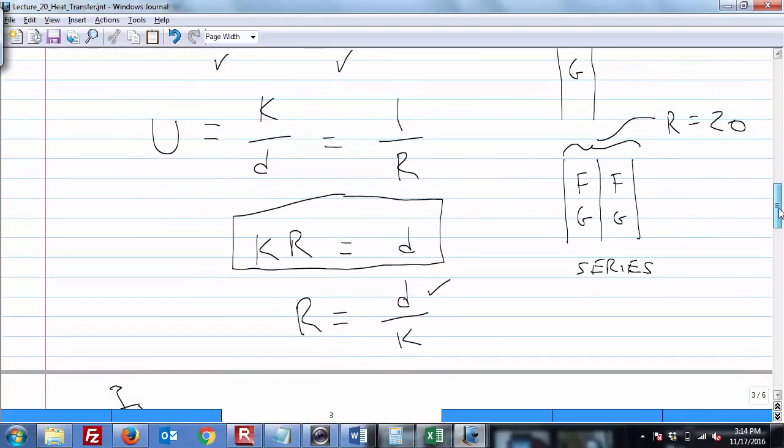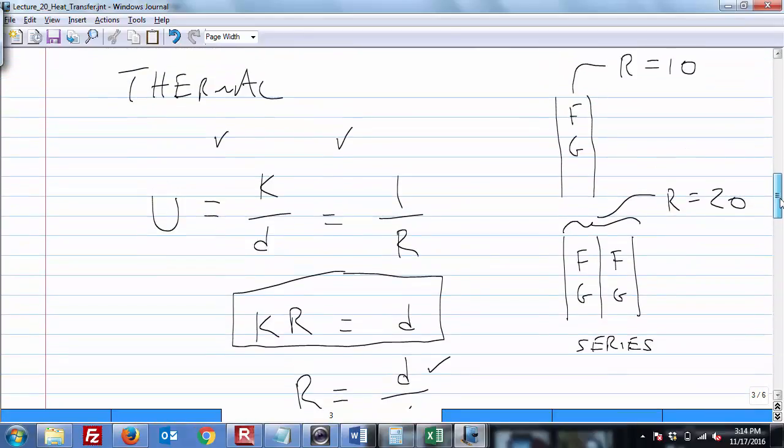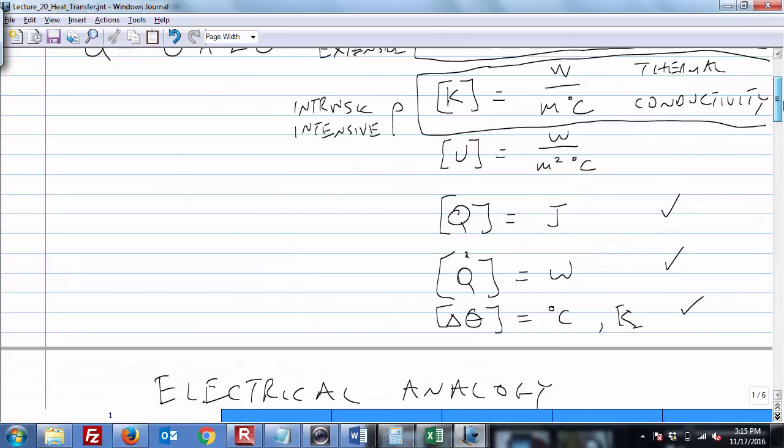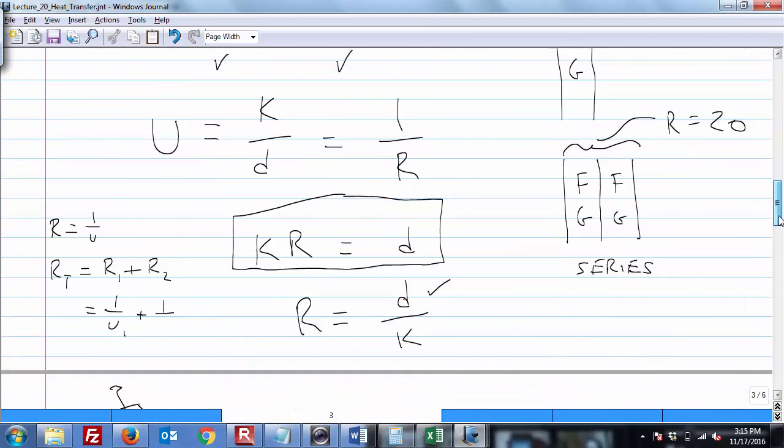R values, and if we had to do it this way, we could say that, since R equals 1 over U, if we were to add two things, so if we had R total equals R1 plus R2, we would have to add them like this with the thermal conductances in the denominator.